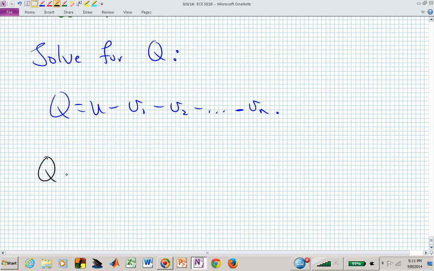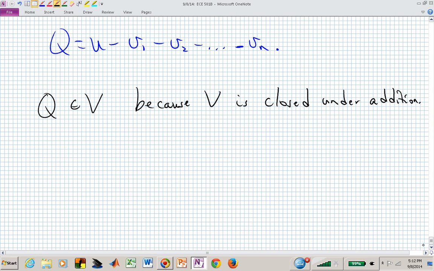But we know that this Q that we've just created belongs to our vector space, doesn't it? Why? Because this vector space is closed under addition. Now what can we do?